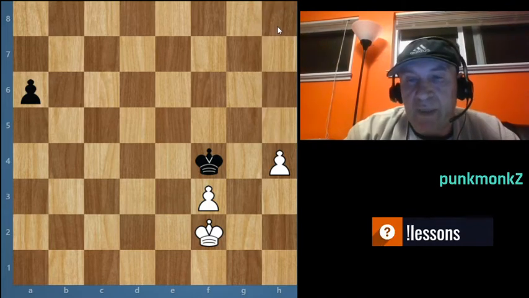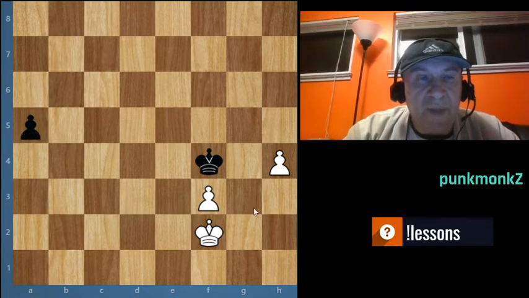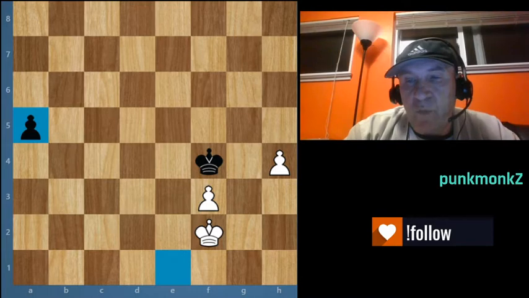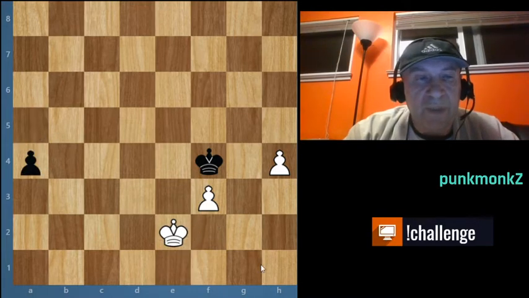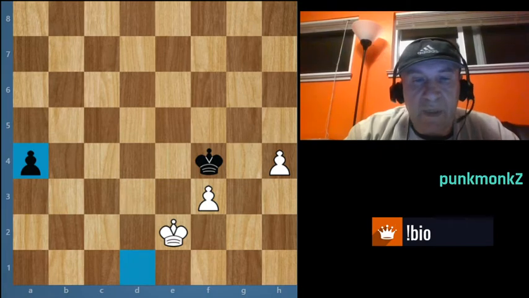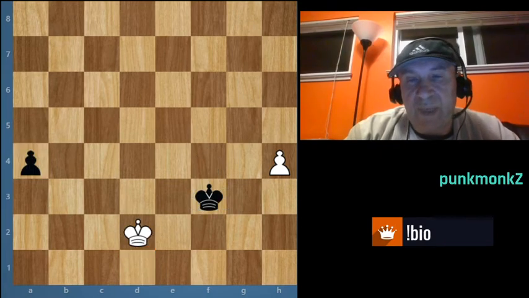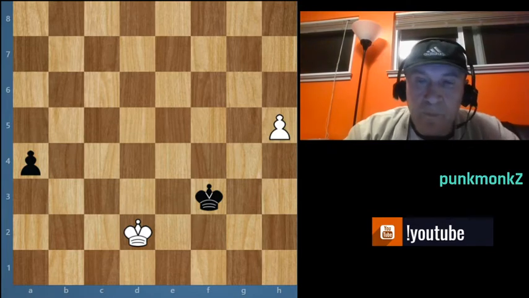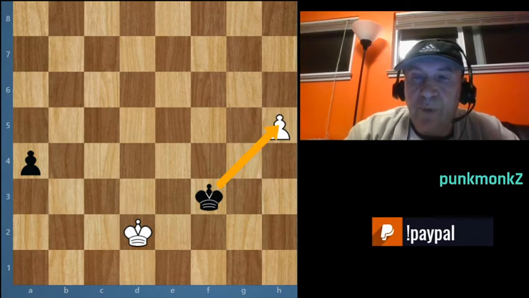That's the idea. When the pawn advances, the white king is outside the square, so he moves inside the square. He pushes again, and now the white king is outside the square, so he moves inside the square. And when the pawn is taken, h5 is the win, because now the black king cannot catch the pawn.